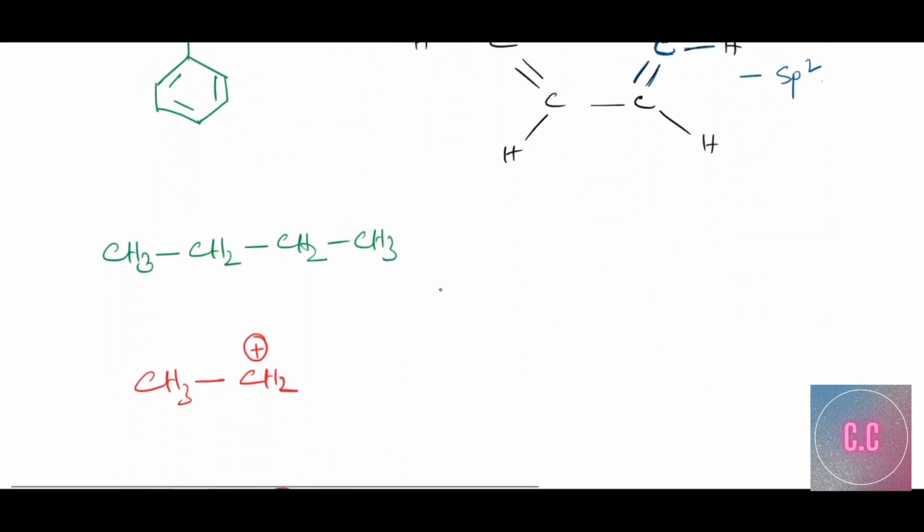Now if we take this carbon, you can see that this carbon has 4 sigma bonds, and this carbon also has 4 sigma, this carbon also 4 sigma, and this carbon also 4 sigma. That means all the carbon atoms over here are sp3 hybridized. If we break the structure, we can see it more clearly.